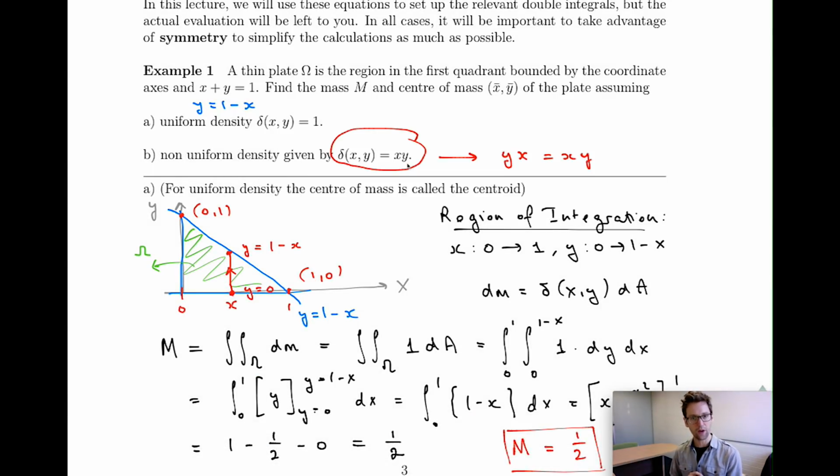So what I'm saying there is that replacing the x-axis with the y-axis and the y-axis with the x-axis doesn't change the region of integration and doesn't change the density. So there's nothing in this problem that will change if I change the x and the y-axes. That means that everything in the x direction has to be the same in the y direction. So the first moment has to be the same, and the x and the y coordinates of the center of mass have to be the same.